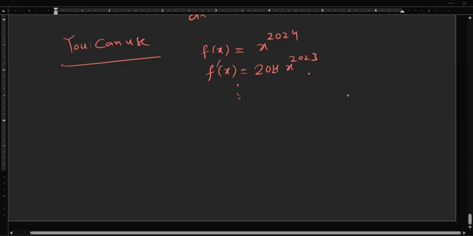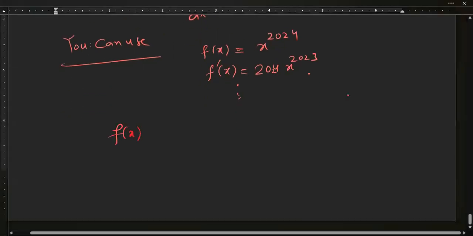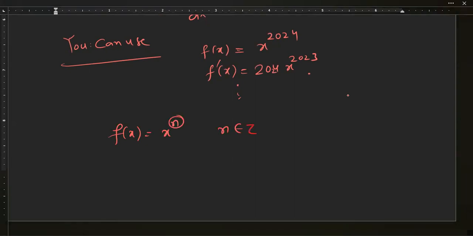But what happens if our f of x equal to x^n, और ये n जो है, this is negative, let's say this is some negative integer, what will happen then?